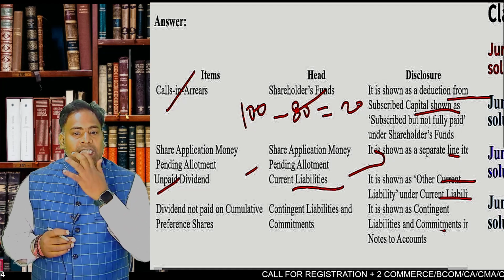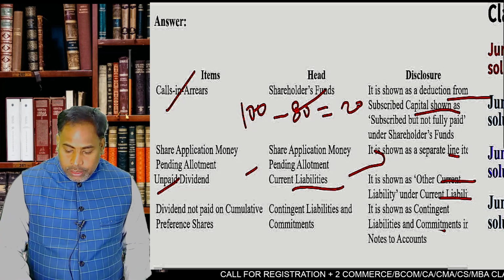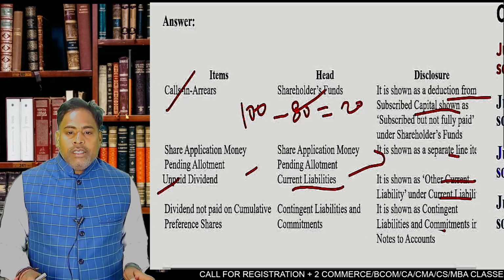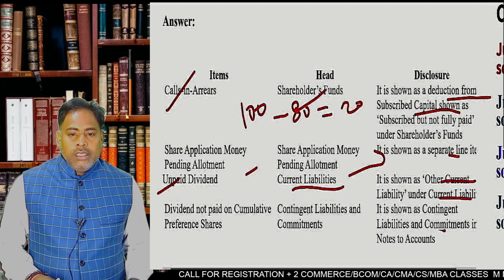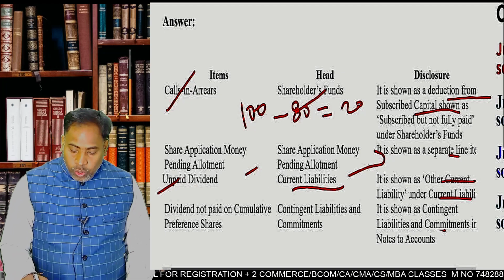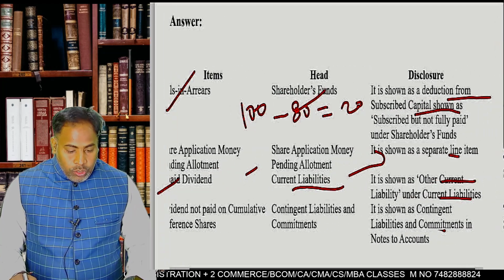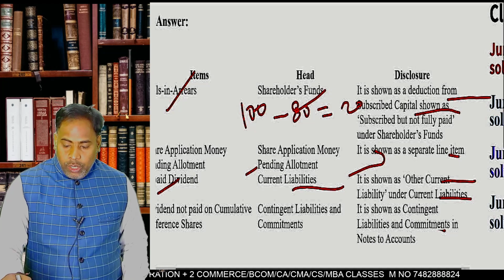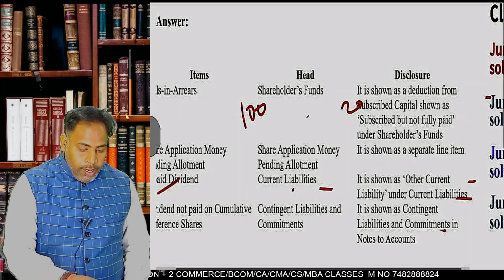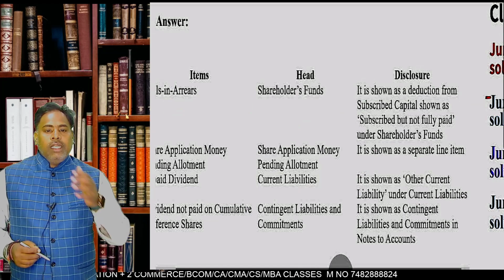Suppose a case is pending in court. Either you can win the case or you may lose it. So here it is also a contingent liability, and it is shown as a contingent liability and commitment in the notes to accounts. I hope this question is very clear. You can also take a screenshot, as all the answers are given here.